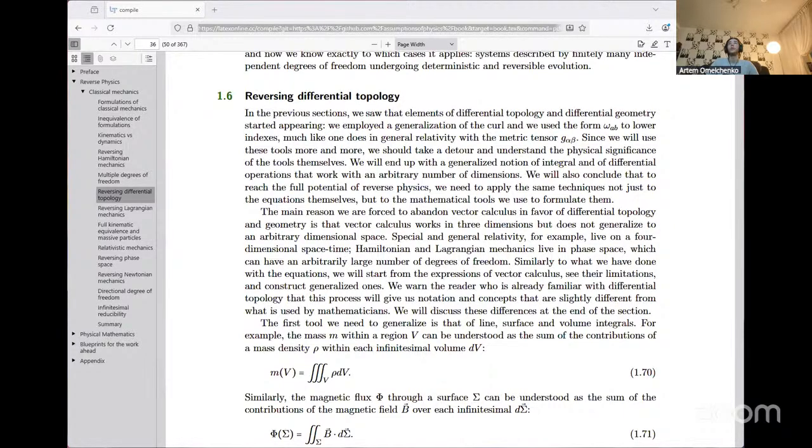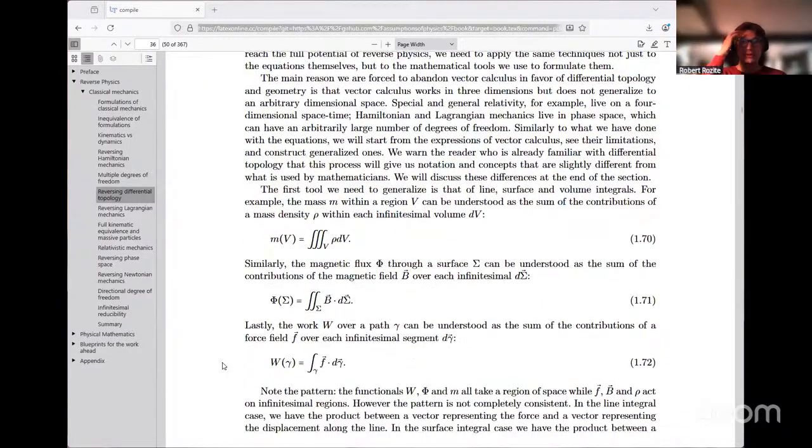Since we will use these tools more and more, we should take a detour and understand the physical significance of the tools themselves. We will end up with a generalized notion of integral and of differential operations that will work with an arbitrary number of dimensions. We will also conclude that to reach the full potential of reverse physics, we need to apply the same techniques not just to the equations themselves, but to the mathematical tools we use to formulate them.